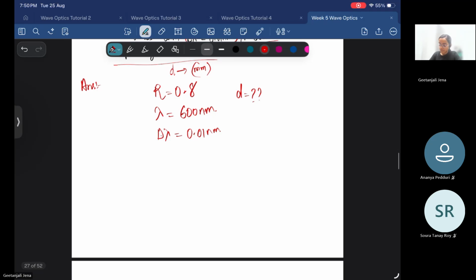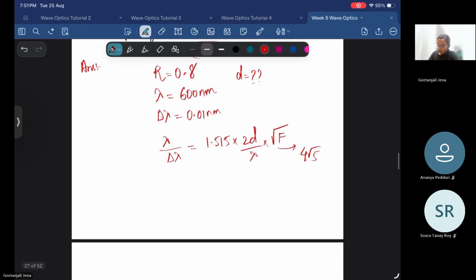So I think you have used resolving power, which is equal to 1.515 times 2d over lambda times square root of F. So the R value is given, you can calculate F. This will come out as, I think, 4 root 5. So put 600 for lambda.